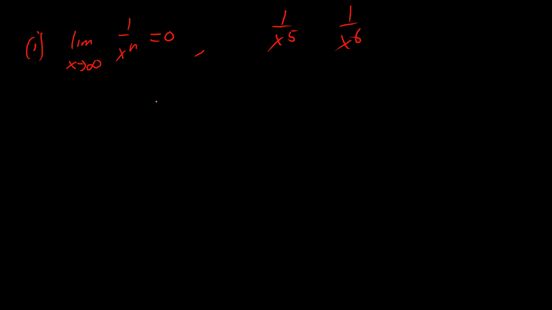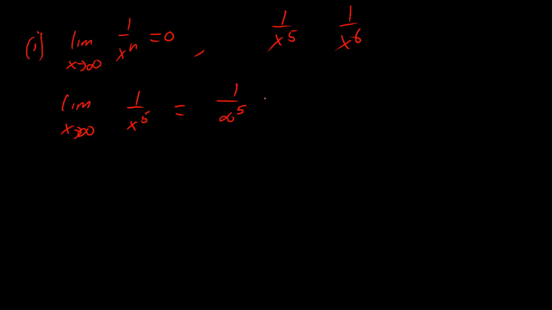Let's look at something. Remember, if we have 1 over x to the power 5 and we have the limit of this function as x approaches infinity, then this is going to be equal to 1 over infinity to the power 5.